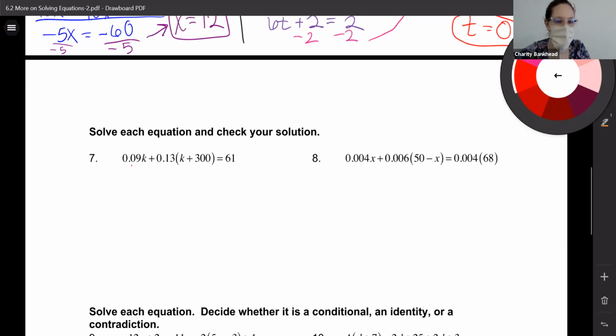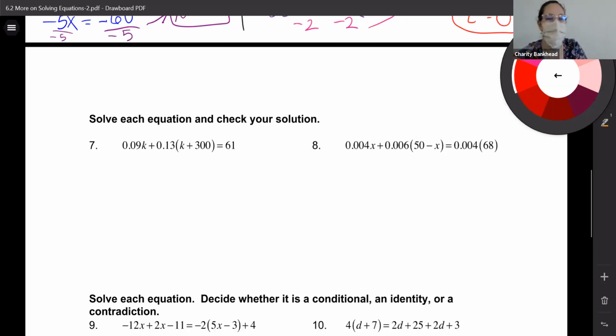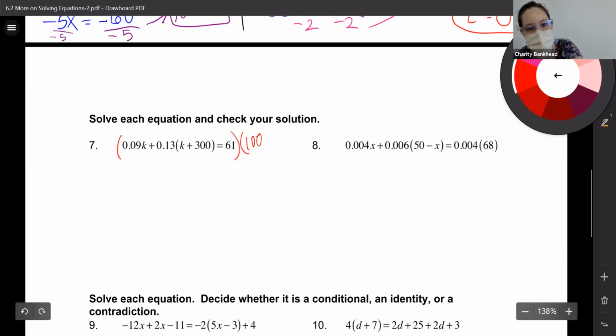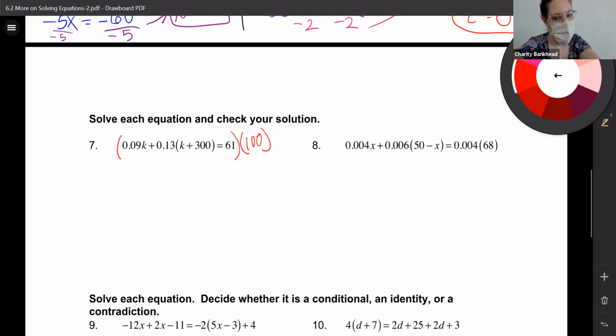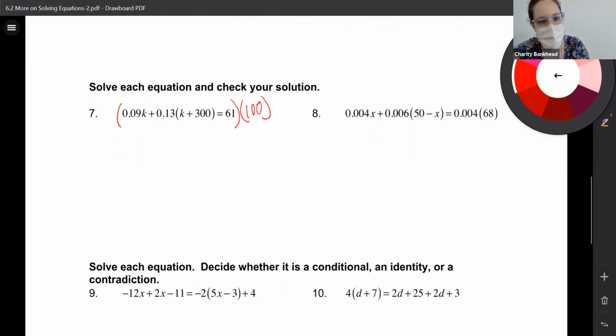So I want to multiply this whole entire equation times 100 to clear the decimal out. Multiplying by 100 is the same thing as moving the decimal point 2 times to the right. So 100 times 0.09 would just be 9. So that would be 9K.